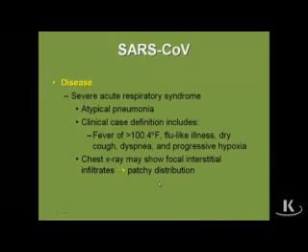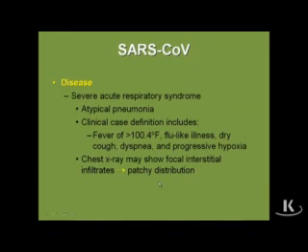Now, SARS is something that causes atypical pneumonia, although there are very specific parameters that are still needed for diagnosis, okay? So if you look at the case definition, you need a fever greater than 100.4, your flu-like illness, your pneumonia-like symptoms, okay?